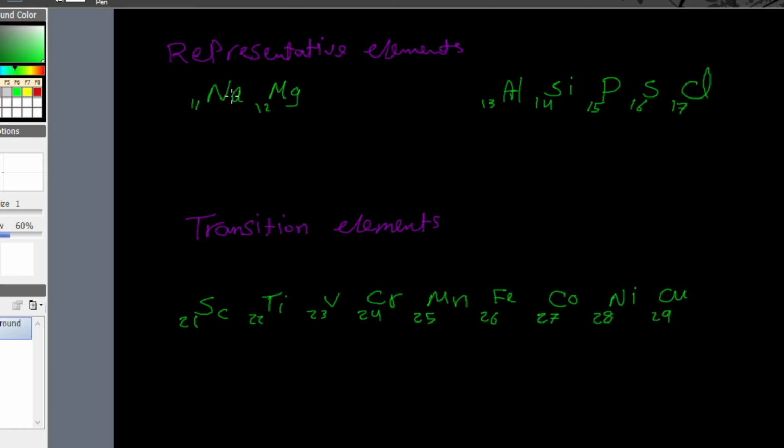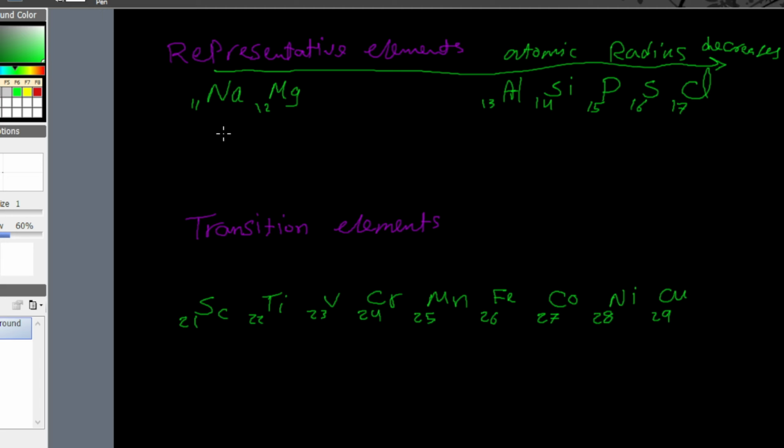So the atomic radius of sodium metal is high compared to chlorine. So as we go from left to right, the atomic radius decreases, right? Since sodium metal has atomic radius of a bigger size than the chlorine gas here, right?